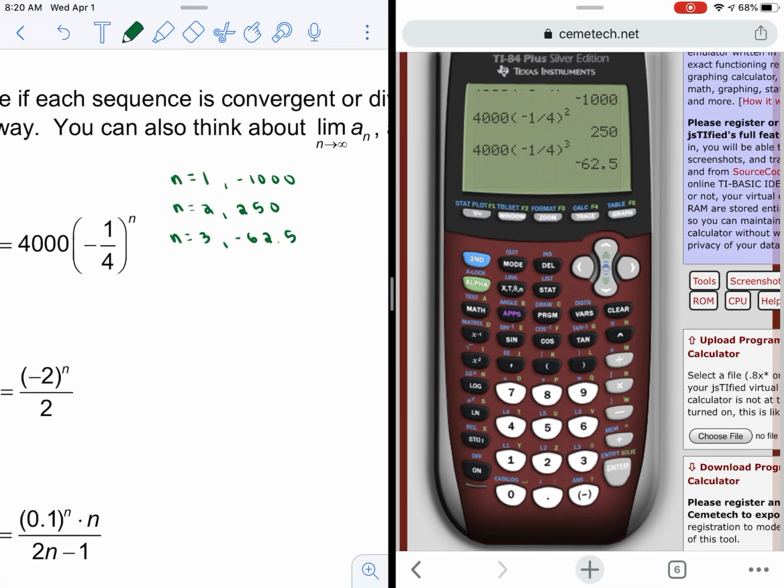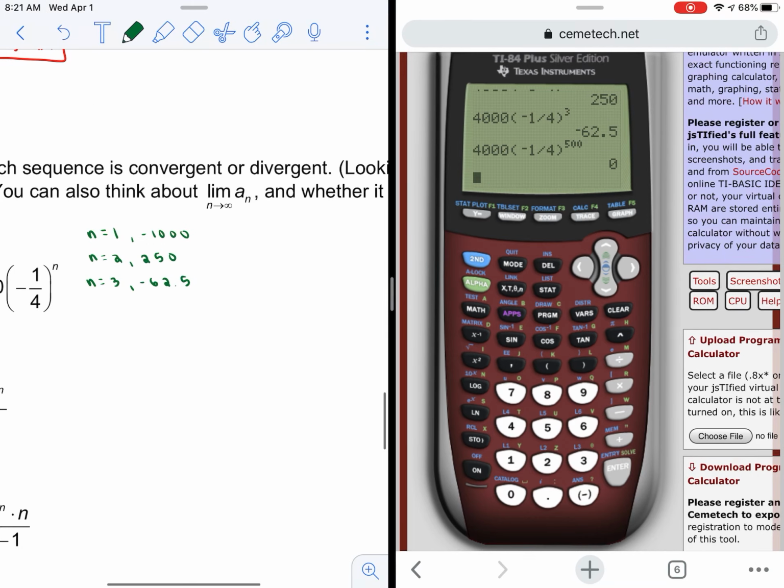Now you can do this again, but change this to a 500. Check what's happening to these numbers. Notice it's saying it's approaching 0. Technically it would never equal 0. It's just getting so small that the calculator rounds and says it's 0. But what you should see is that this is converging to 0.